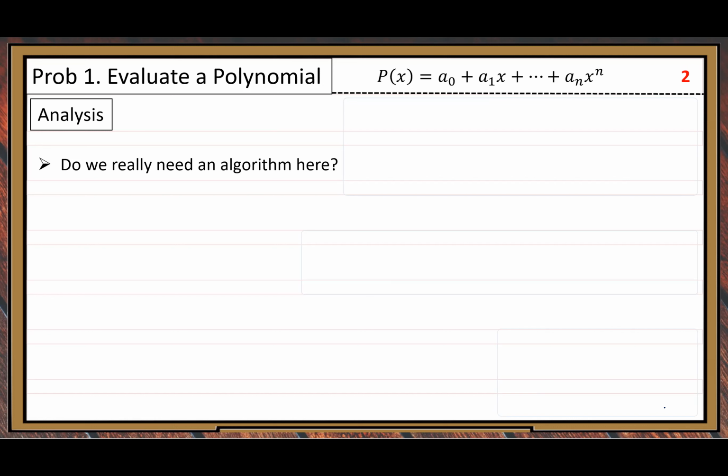Can we make it faster? That's the first question we should ask after we solve one particular problem. Here, we need to try to improve it.